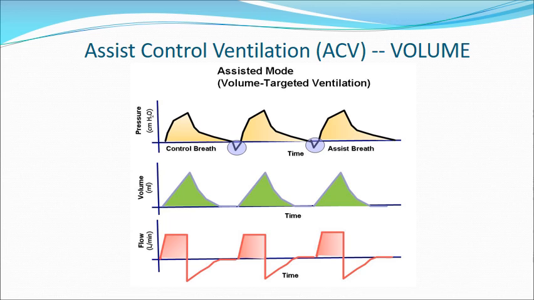You'll see in the violet area, the small purple circle, a negative pressure. That negative pressure indicates an inhalation by a patient. When that happens, the ventilator recognizes that the patient is trying to take an additional breath.